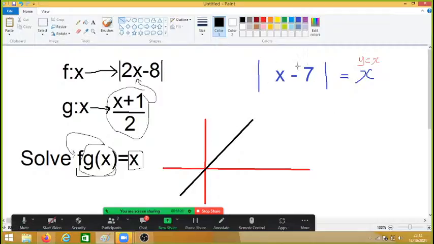On the left hand side, forget the modulus for now, but x take away 7 is a line that goes through the y-intercept at minus 7, and the gradient is 1 because x really means 1x.